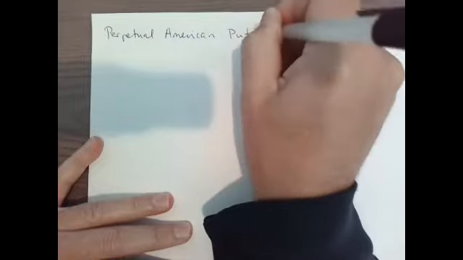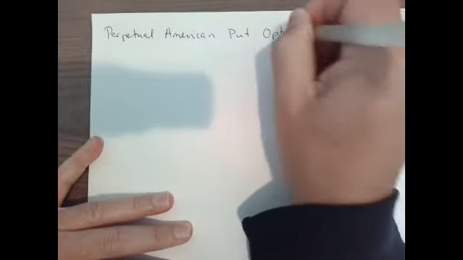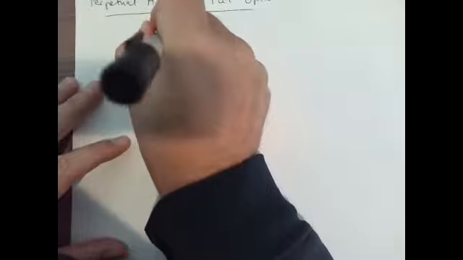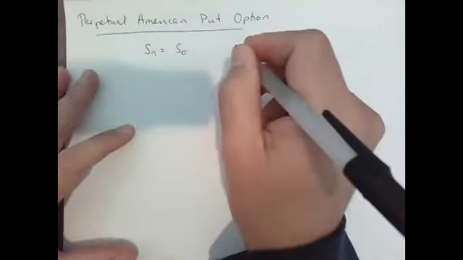So what we were doing is we had this perpetual American put option. This was from last time. We had the example that Sn would be this usual form, S0 times these coin flips.